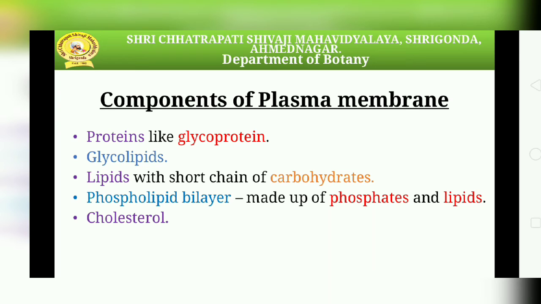The phospholipid bilayer is made up of phosphate and lipids. This creates a partially permeable membrane which allows only certain substances to diffuse through. And the last one is cholesterol, which maintains the fluidity of the cell surface membrane.